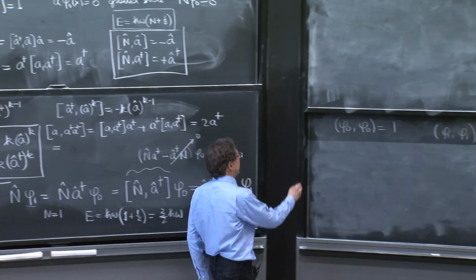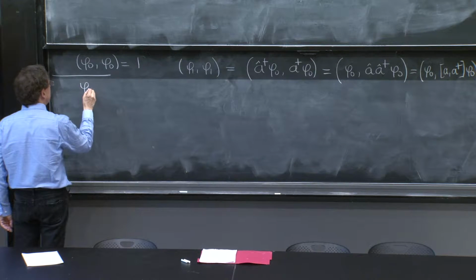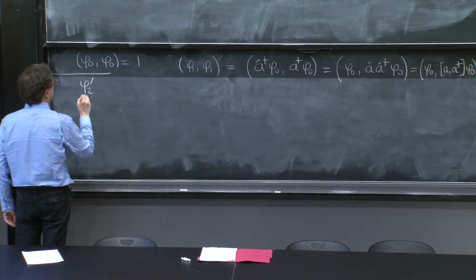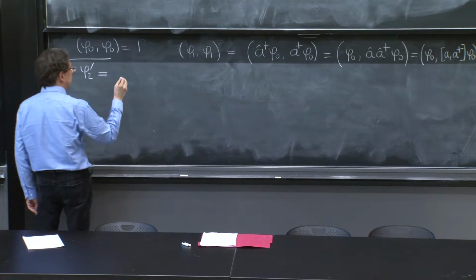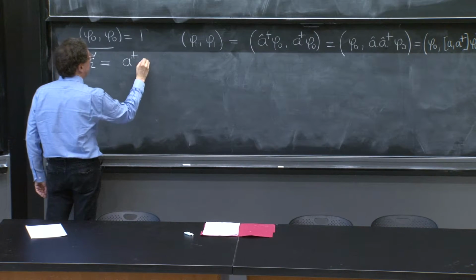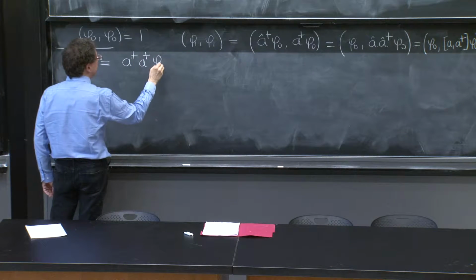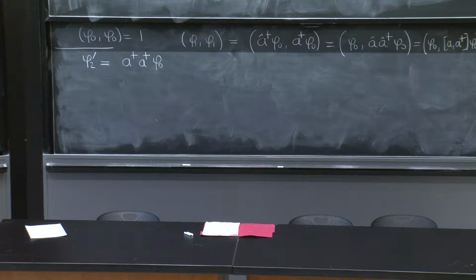Let's do another state. Let's try to do phi 2. I'll put a prime because I'm not sure this is going to work out exactly right. And this time I'll put 2 a daggers, 2 creation operators on the vacuum.